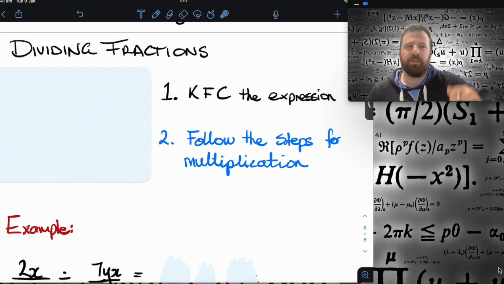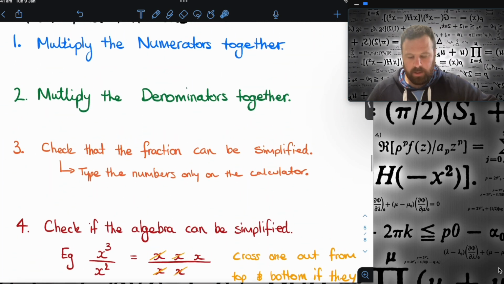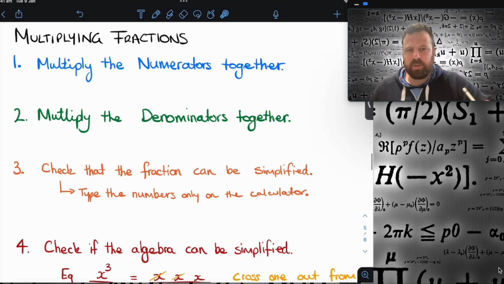Before we get into KFCing, let's just recap our steps of multiplication. Remembering our steps to multiplying fractions: number one, you multiply numerators together. Number two, you multiply denominators together. Number three, check, can I simplify the numbers in this fraction? We do that by typing it on our calculator.